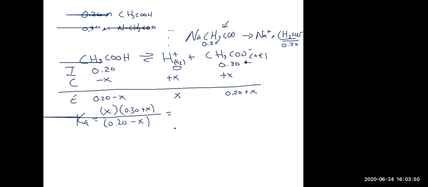And that's going to equal our Ka value. And the other thing that people sometimes get confused on is it is still the same Ka value as we used in part A. And that's because it is still acetic acid here. And they would still use the acetic acid Ka value, which is 1.8 times 10 to the minus 5.